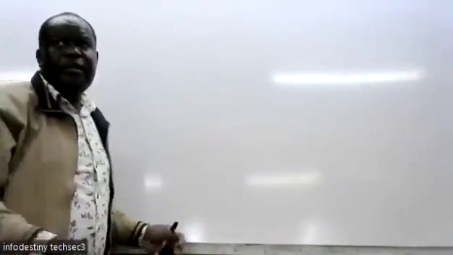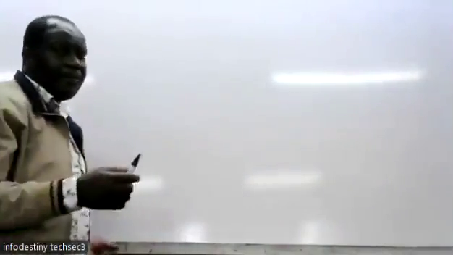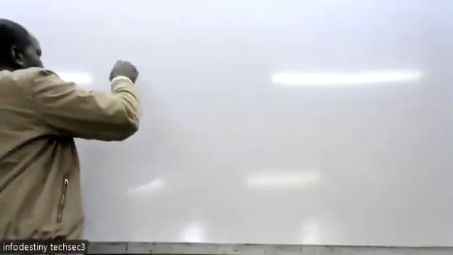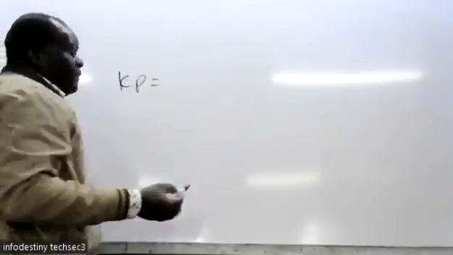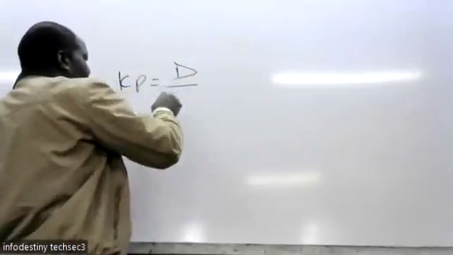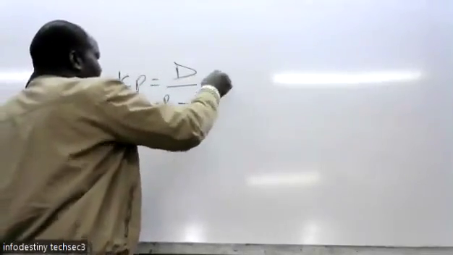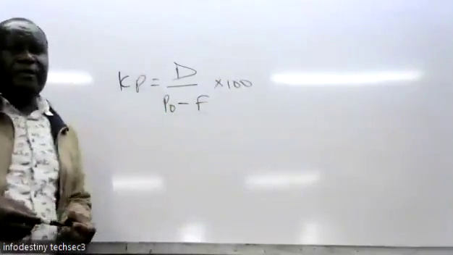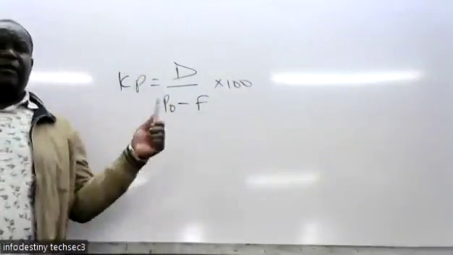To get the cost of the preference share, we use KB. KB is the cost of the preference share. It is given by D divided by PO minus F, then you show it as a percentage. So you write that as the formula.